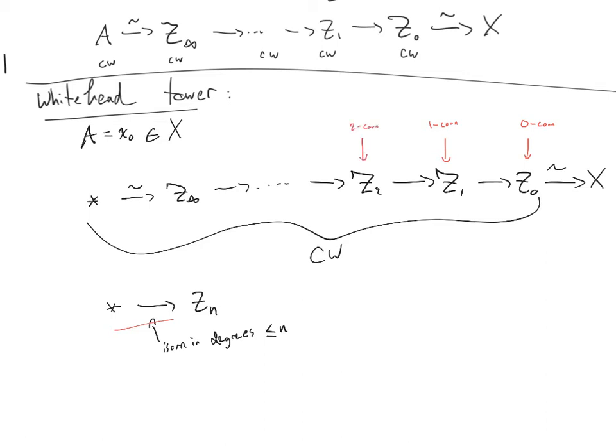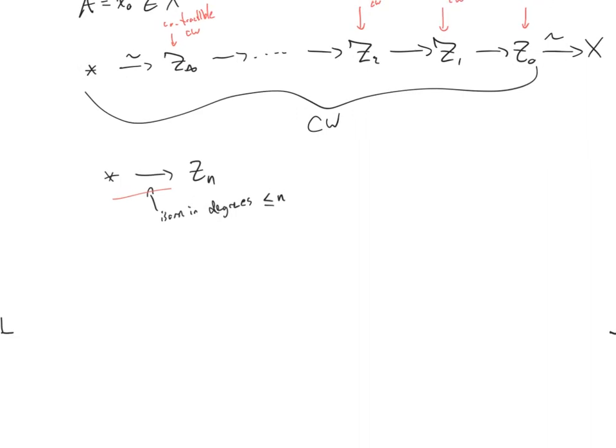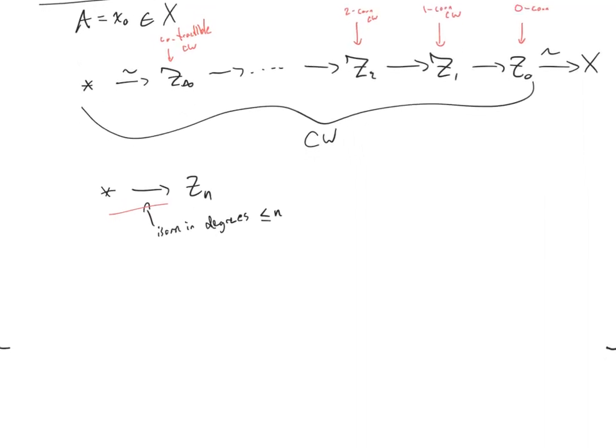This one here is infinity-connected, therefore contractible, because it's CW. And so you should think of this as dual to the Postnikov tower, but duality here is kind of a bad term. So let's just be clear.